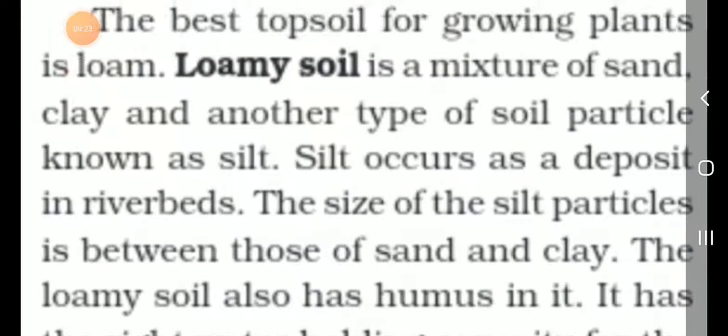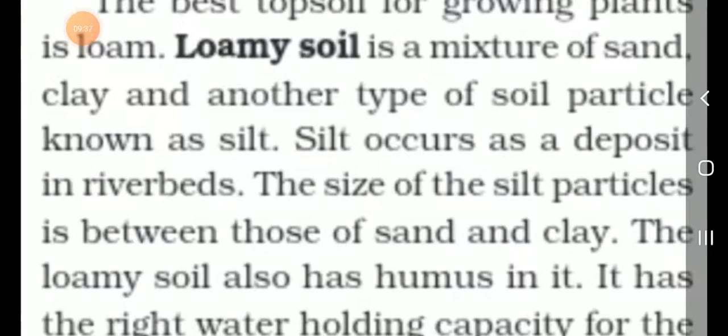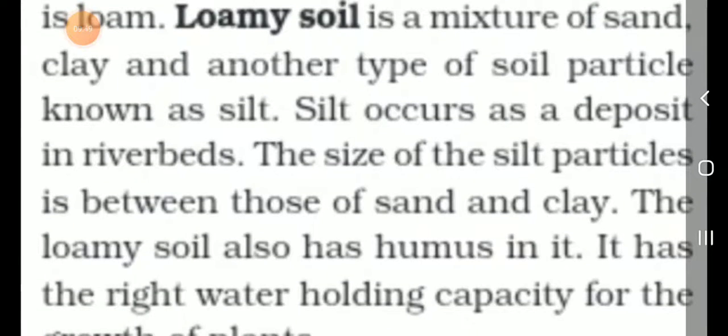Next, loamy soil. The best topsoil for growing plants is loam. Loamy soil is a mixture of sand, clay and another type of soil particle known as silt. Silt occurs as a deposit in river beds.